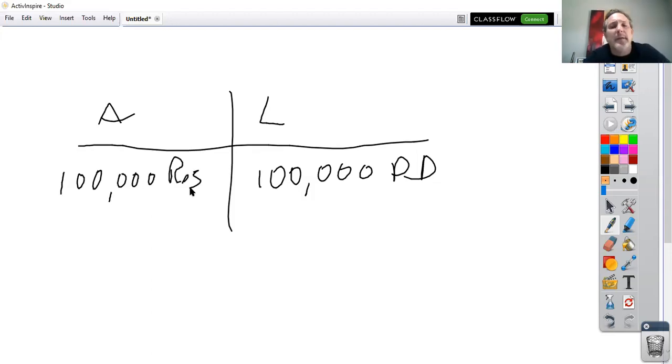Okay, and then they said something like, if there's a 25% reserve requirement, what would the required reserves be? And what would the excess reserves be?